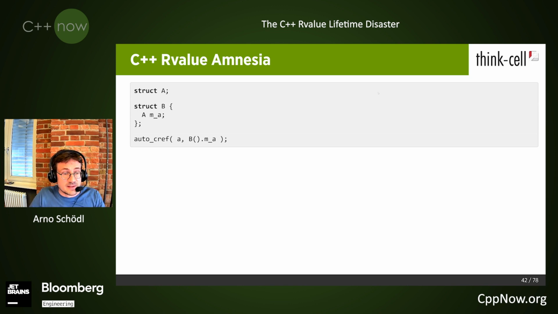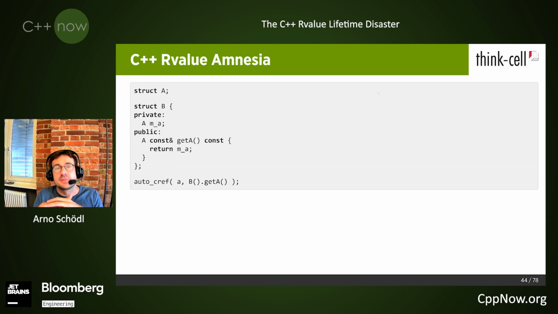Now, that all works. So let's say we replace that member with an accessor, which we do all the time, right? So we write an accessor getA that returns a const ref. Now we do the same thing. We just write b rvalue, and then getA, which is calling our accessor this time and not the member directly.